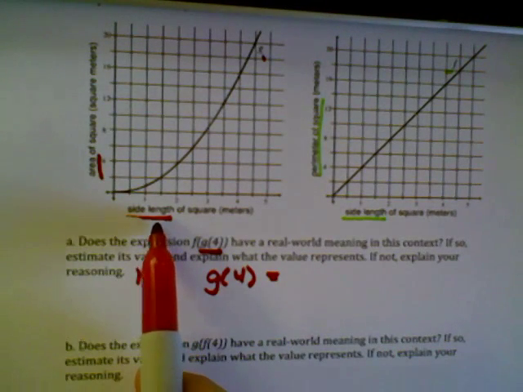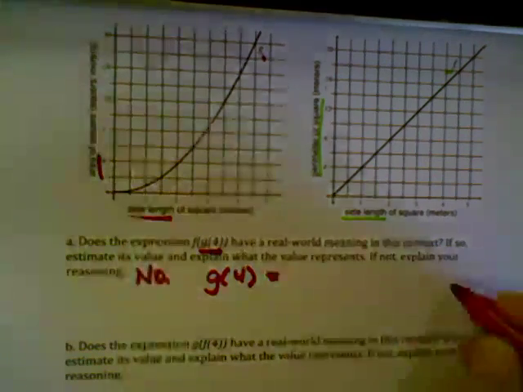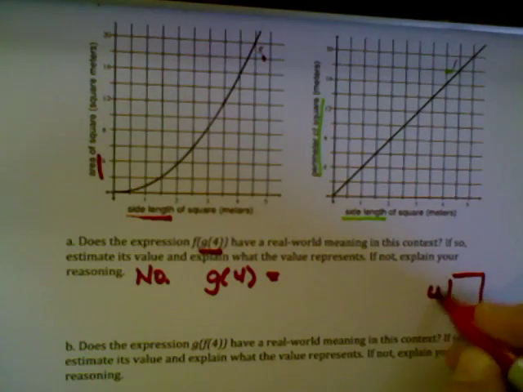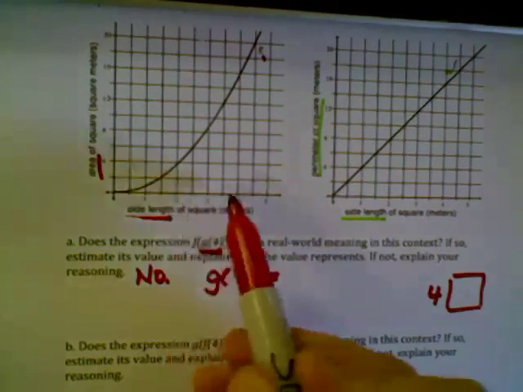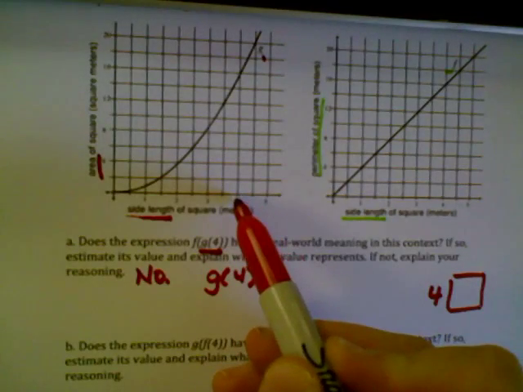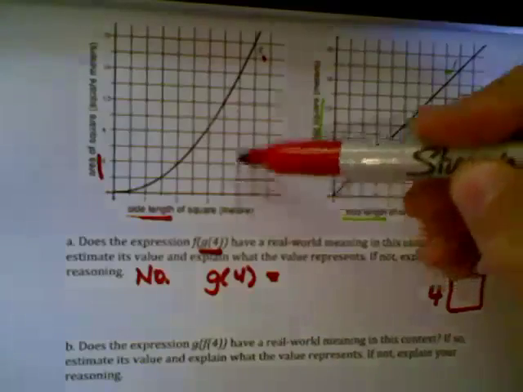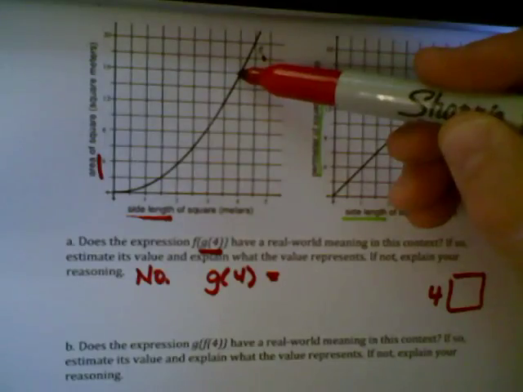So 4 would be the side length of a square, and g applied to 4 would be the area, 16 square meters.